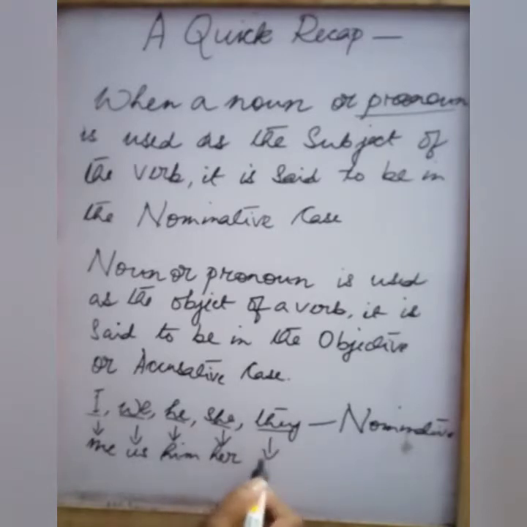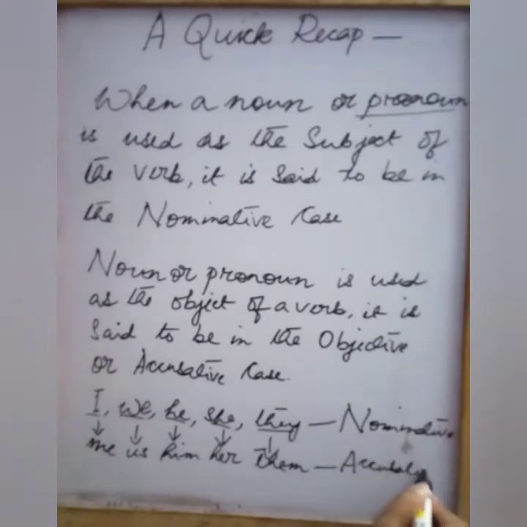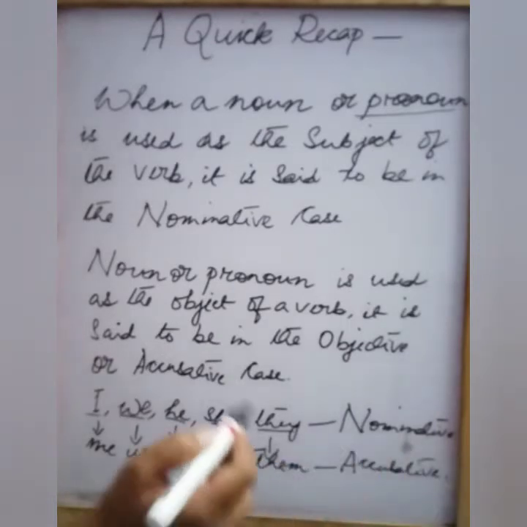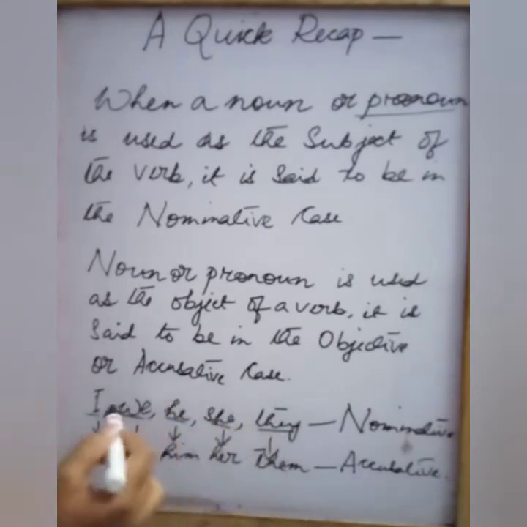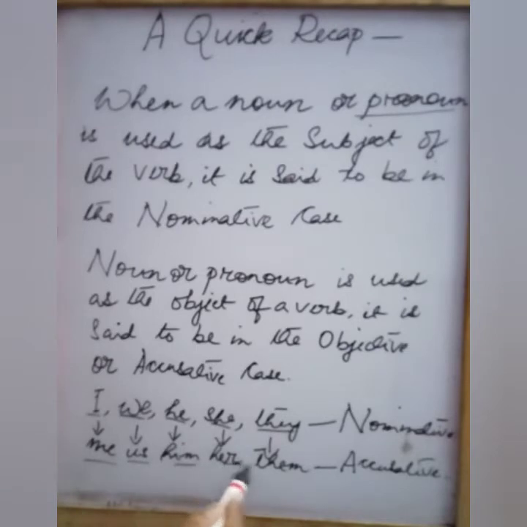And they will become them. Understood? This is the purpose of my going back to the noun case chapter. So it is a little bit more clear to you that these are the pronouns used in the nominative case, and these are the pronouns used in the accusative case, isn't it?